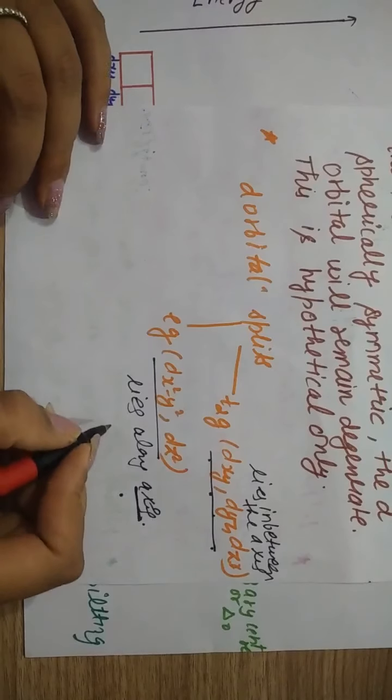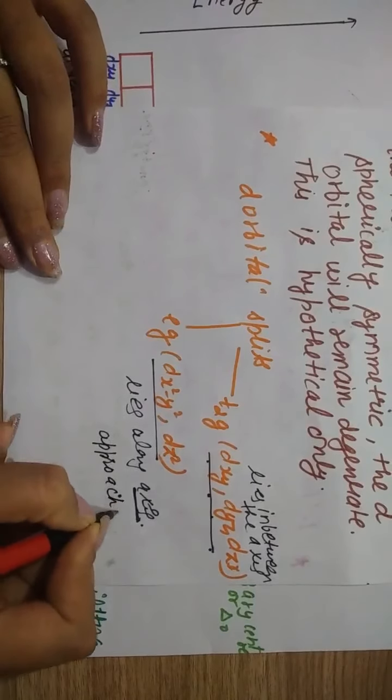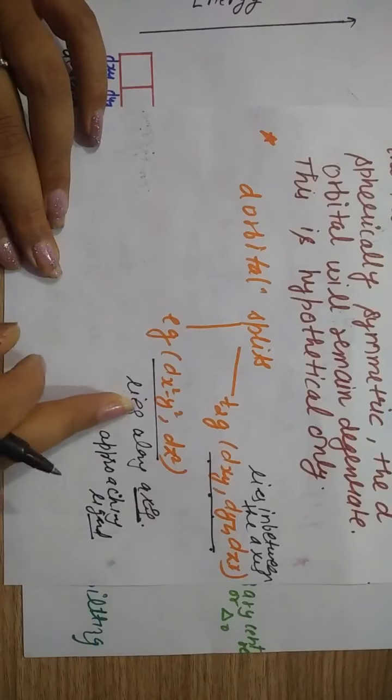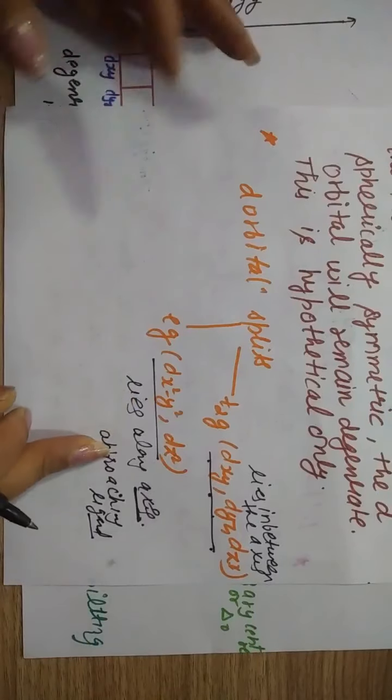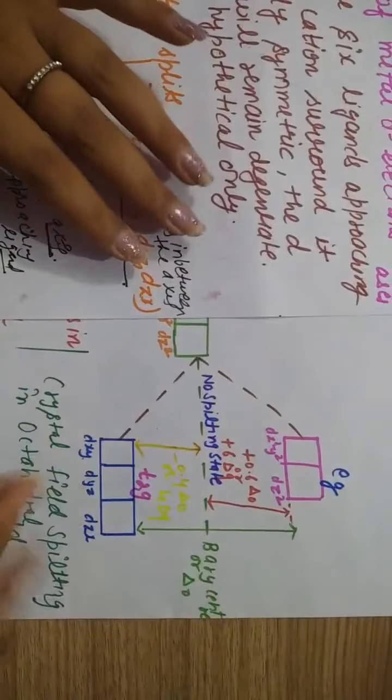These are the 3 orbitals which lie in between the axes, and these orbitals lie along the axes. And this is also the direction of the approaching ligand. So there will be greater repulsion, and their energy is increased to a higher level.